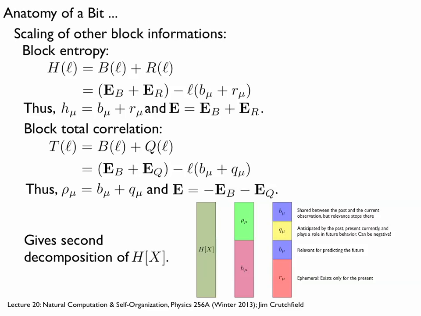So that's just the decomposition. This up here says that H mu breaks into this random component. Again, this goes back to the original definition of the residual entropy. And then this component B mu, which is this predicted piece. And then the second thing, looking at how block total correlation scales, these slopes give us this breakdown. So that's our second decomposition.